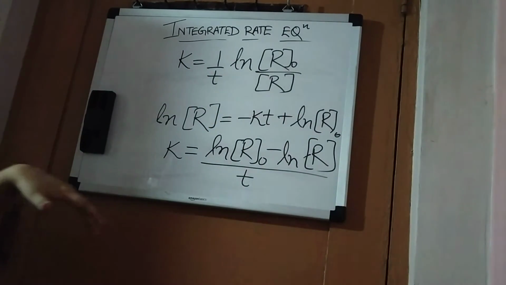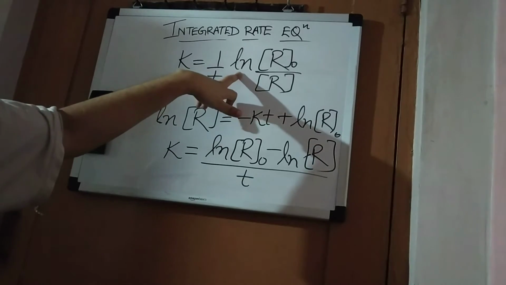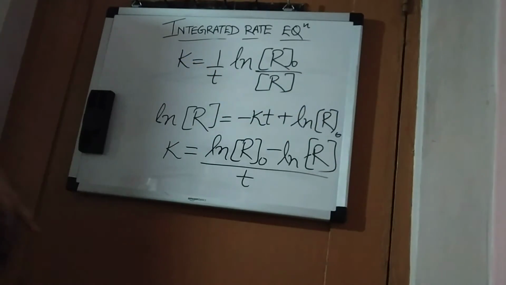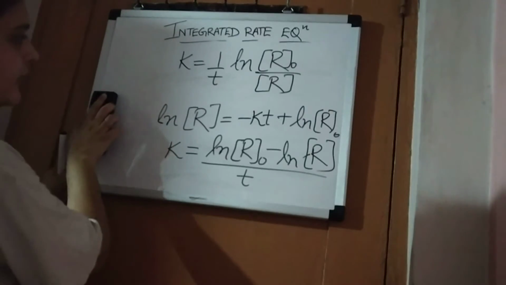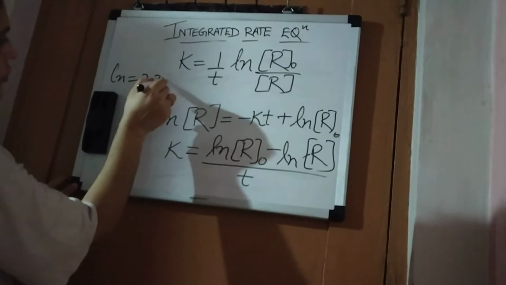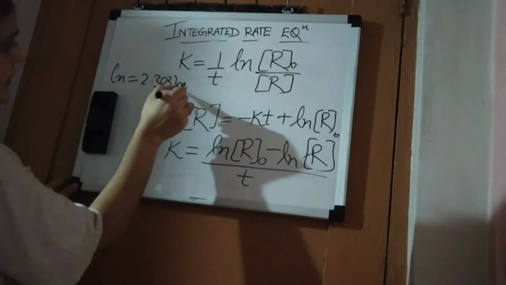Now we will convert natural log into log to the base 10. So ln will become equal to 2.303 log to the base 10.